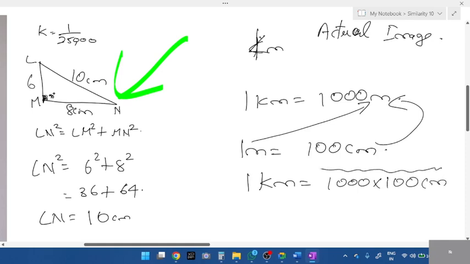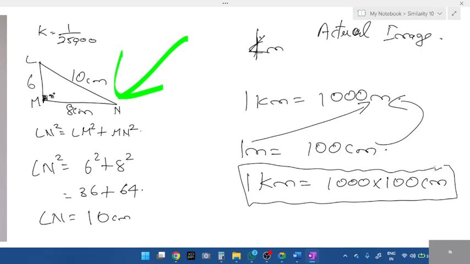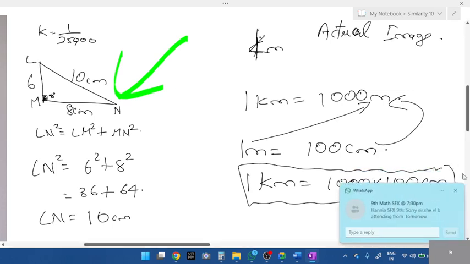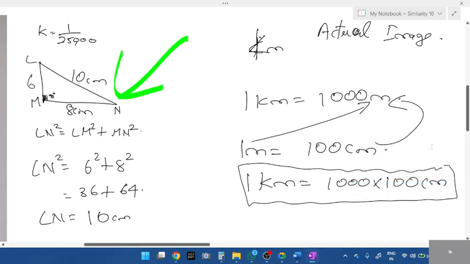This is the value. Make a note of this. 1 kilometer is equal to 1000 into 100 centimeters.